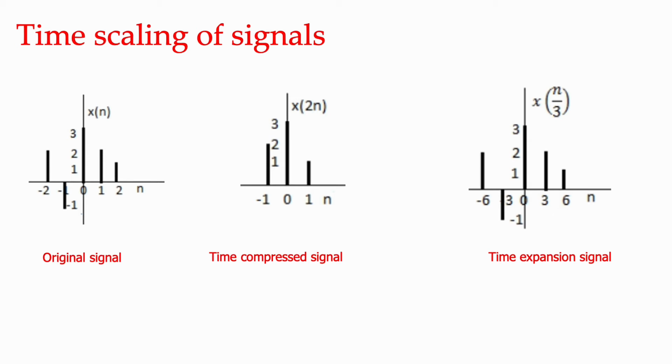A is 2 means a is greater than 1. Here it is n by 3. N by 3 is nothing but a is 1 by 3. It is less than 1. Okay, so less than 1 means it is expansion. Greater than 1 means it is compressed.